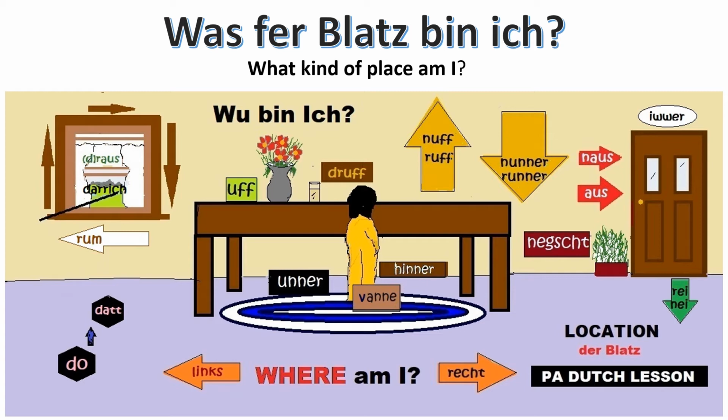And then you may see a stick that's pointing through the window. Derrich is through, going through the window, going through the door, something going through the air. Derrich, derrich. And you're saying, where am I? I don't know if I'm up or down, left or right, going around and around.